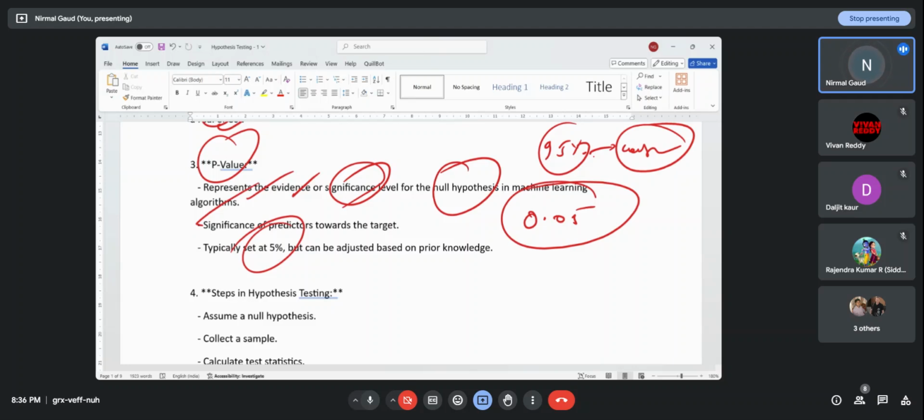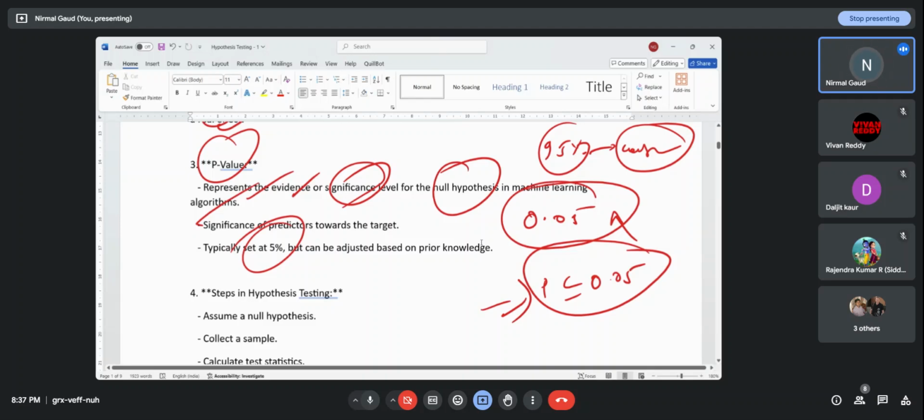If it doesn't fall in this region, it goes into the significance level. So we check whether p is less than or equal to 0.05. In most cases we have taken the significance level as 5%. If the value of p is less than this, we reject the null hypothesis; else we accept the null hypothesis.